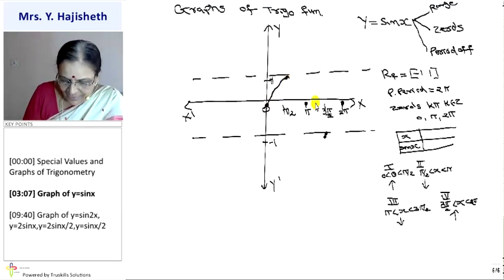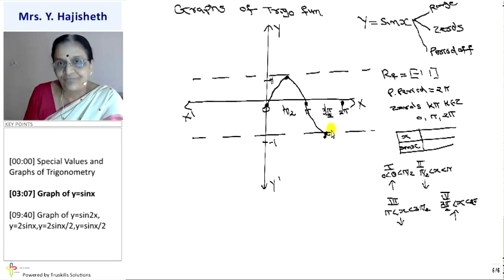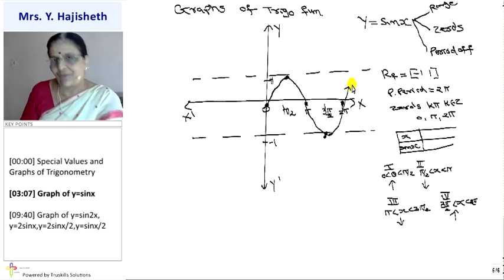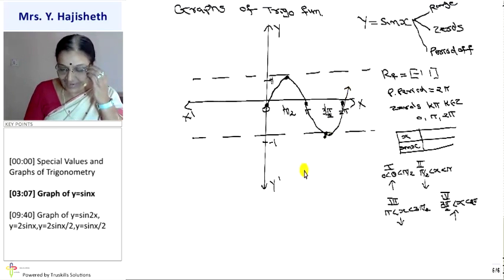In pi by 2 to pi, in the second quadrant, my sin is decreasing from 1 to 0. Clear? And in the third quadrant, between pi to 3 pi by 2, it is again decreasing from 0 to -1. Clear? And in the fourth quadrant my sin increases from -1 to 0. This is my graph of y is sin x.